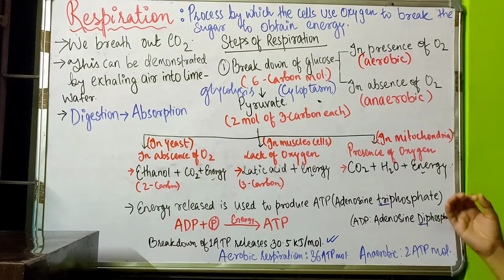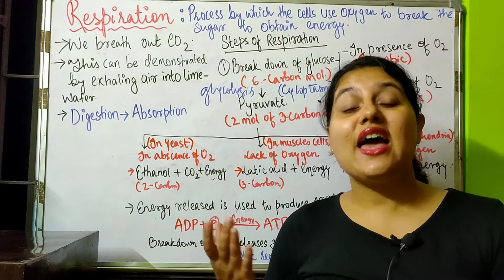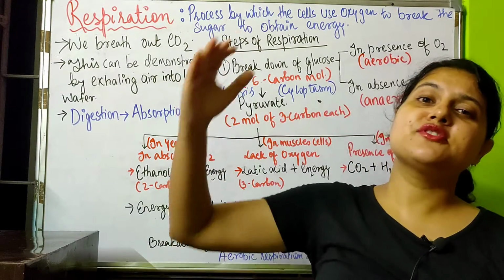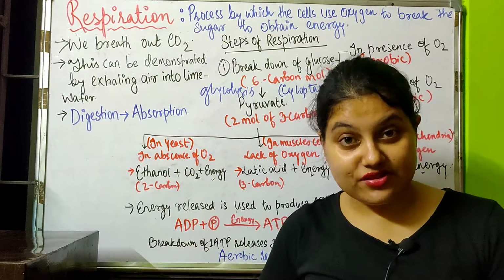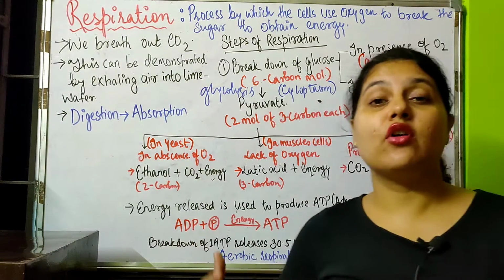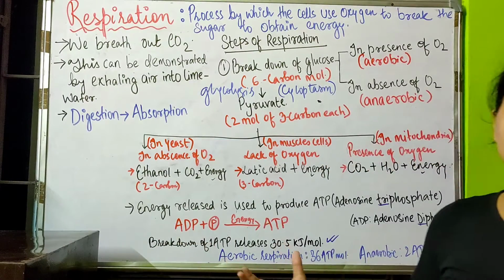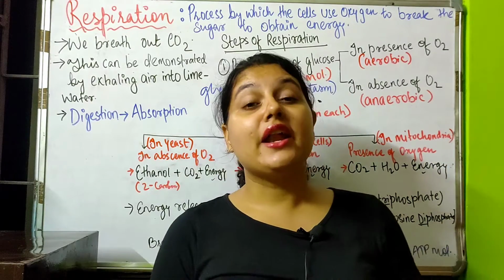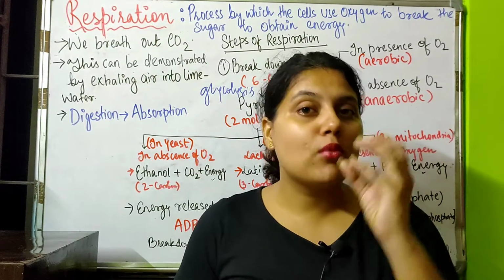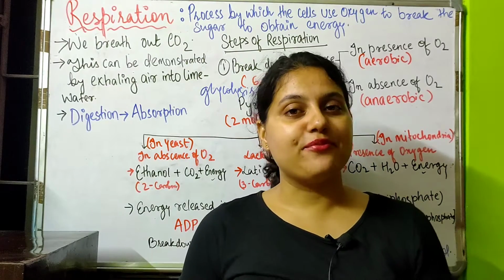Okay, eventually now I think you can conclude the production of energy in case of aerobic respiration is much higher as compared to that of anaerobic respiration, because of which we higher living organisms have moved on to the aerobic form of respiration, because we need much more energy as compared to anaerobic organisms, which are smaller in size and need less amount of energy for their life processes.